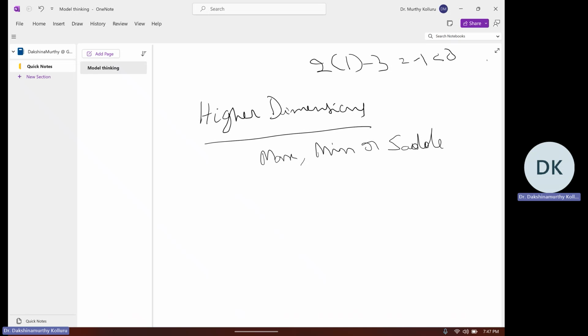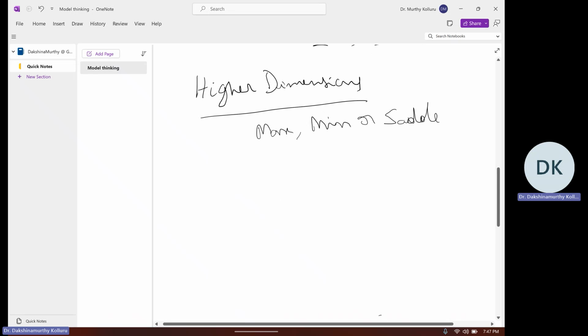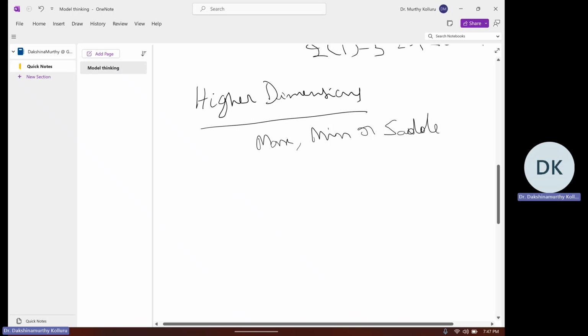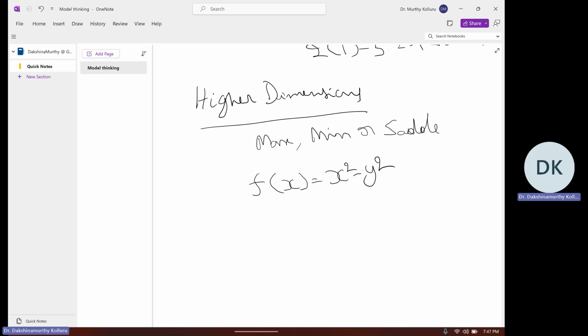Now there is one more complexity that we have to look at, but we will see that when we get to it. Let's take a curve with two dimensions, f of x y is equal to x square minus y square. Now let's do f prime x y.